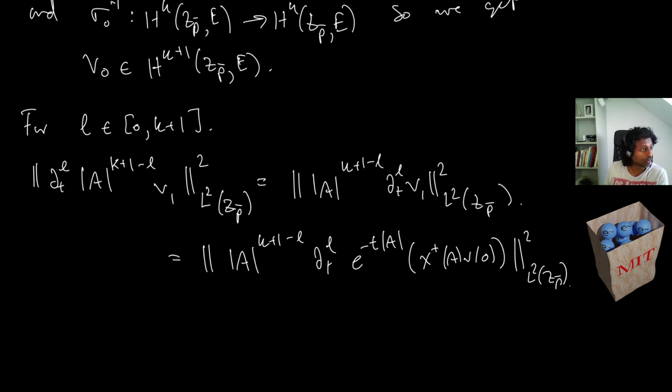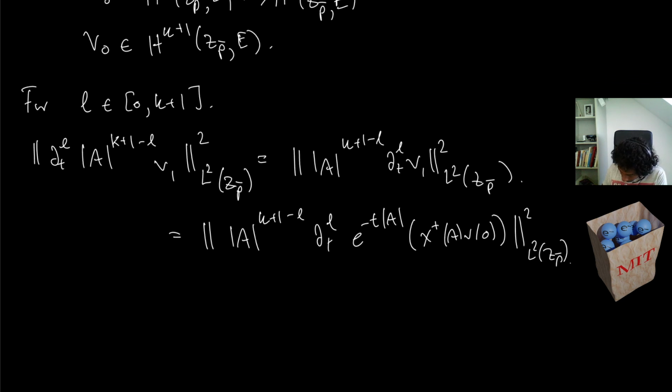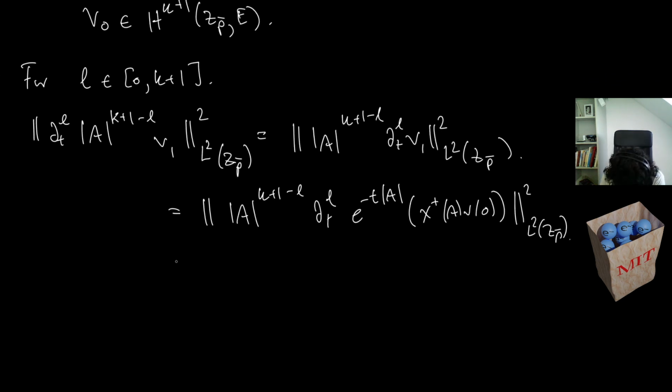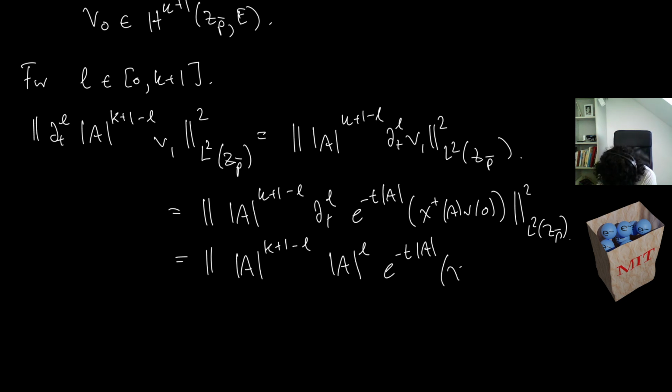So now we produce L copies of this. So now we get something like |A|^{k+1-L} |A|^L e^{-t|A|} χ_+(A) v_0, squared, L² over Z_ρ bar.